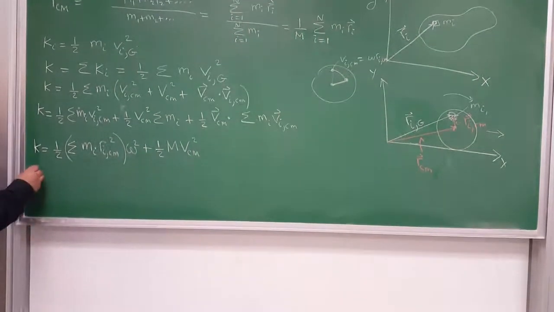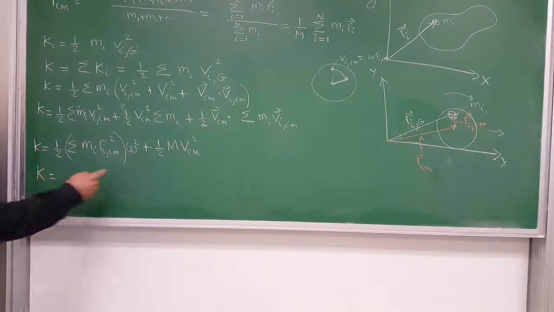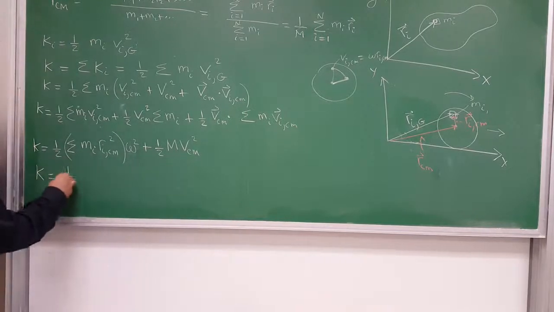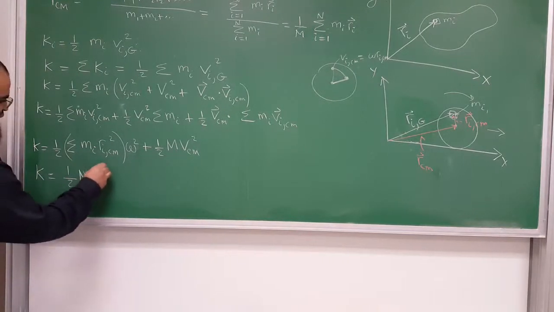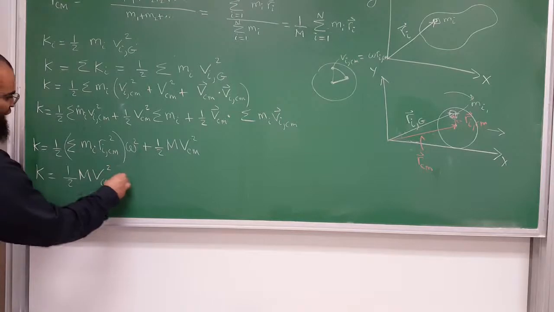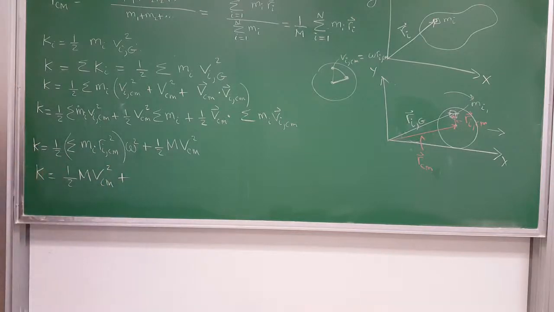Now, the kinetic energy will equal, let me put this part here first, 1/2 the total mass times the velocity of the center of mass squared plus, what's this? What is mi ri squared relative to the center of mass squared? That's the moment of inertia. Remember the moment of inertia for a body?